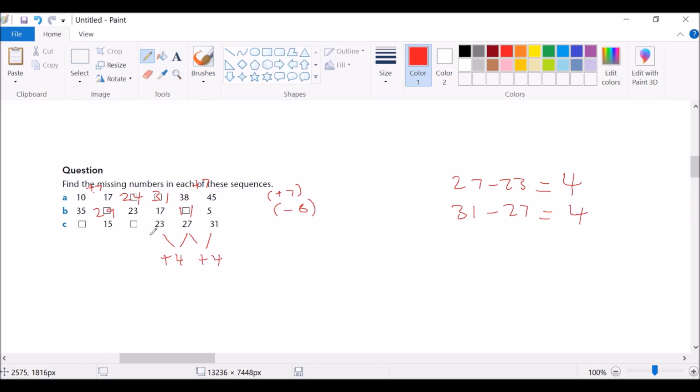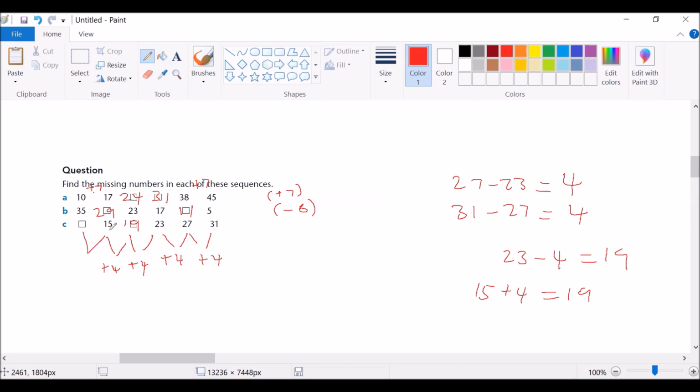So from this number, we are adding 4. So to go back from 23 to this number we are looking for, we subtract 4. So it's 23 minus 4, then we get 19.